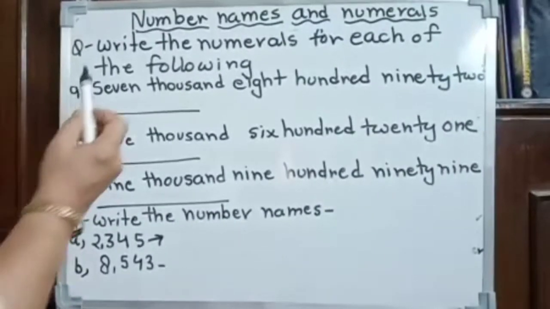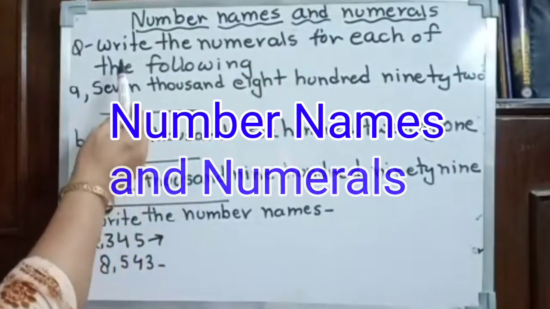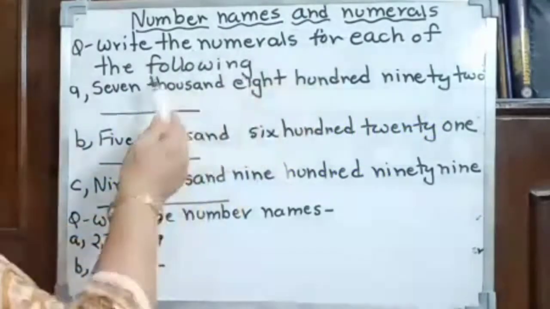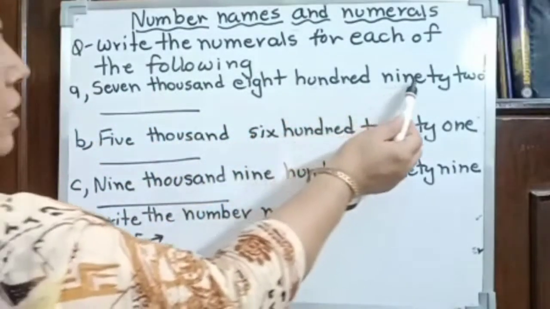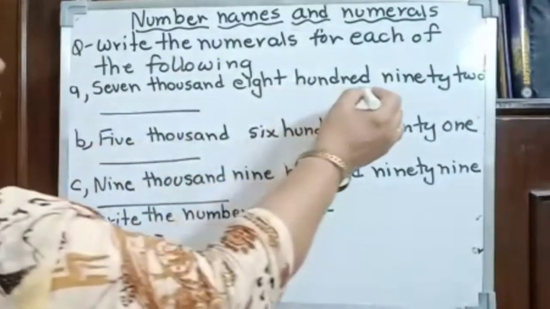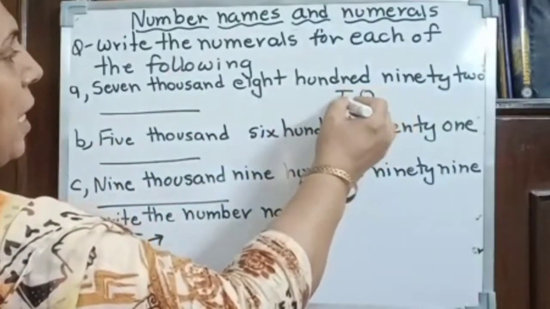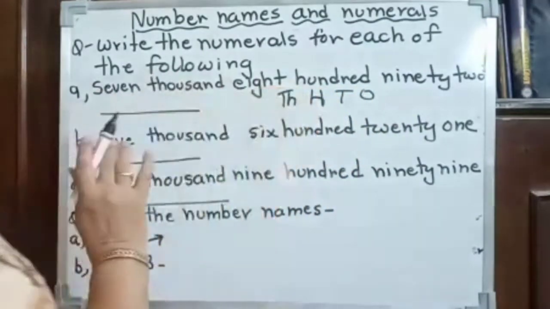Now kids, look here, we have number names and numerals, which means write the numerals for each of the following. 7892 means a large number. You have ones, tens, 100, 1000 and 10,000.